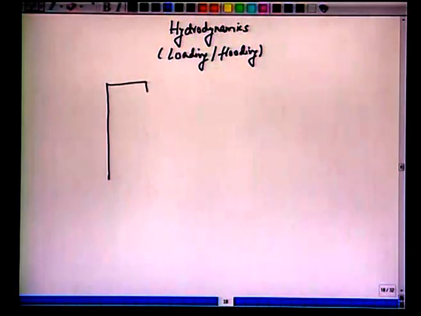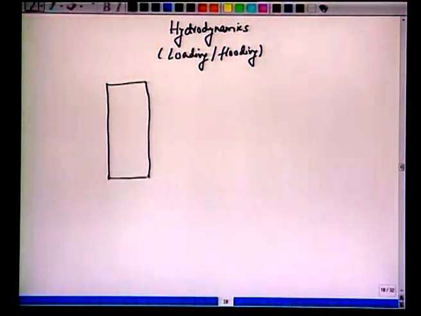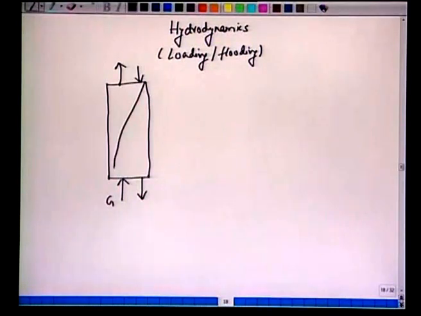And we said we look at loading and flooding criteria. So, we have a packed column, absorption. We have gas flowing through this, liquid trickles from the top, and this is a packed column.